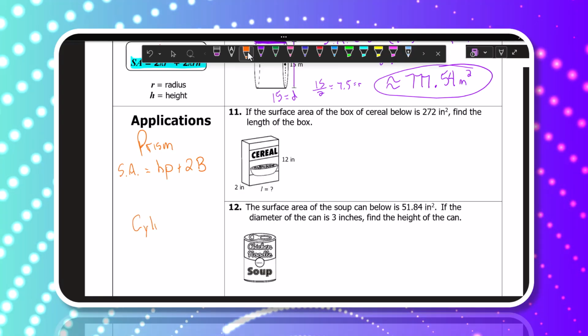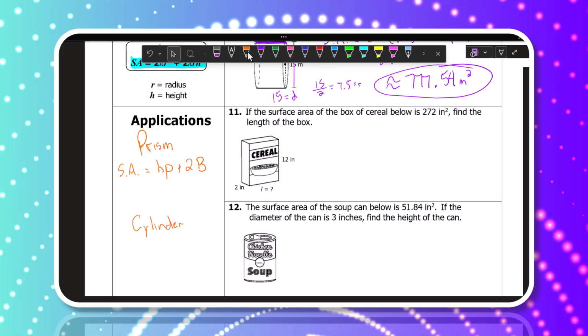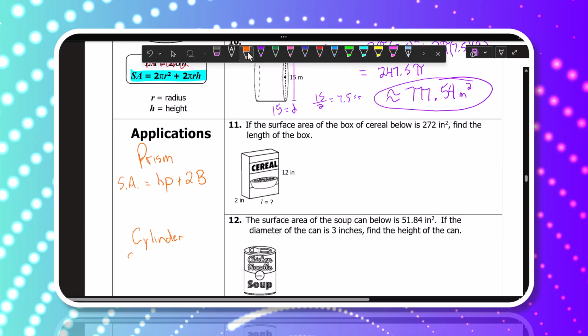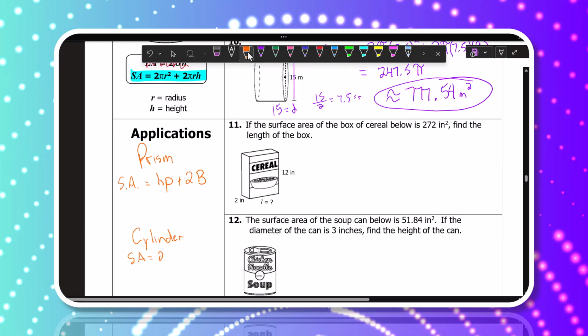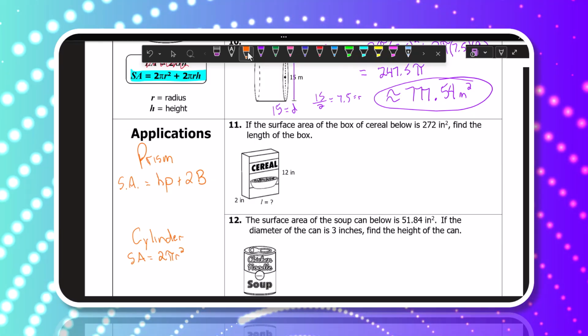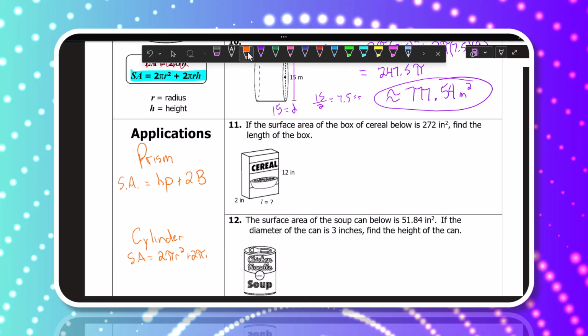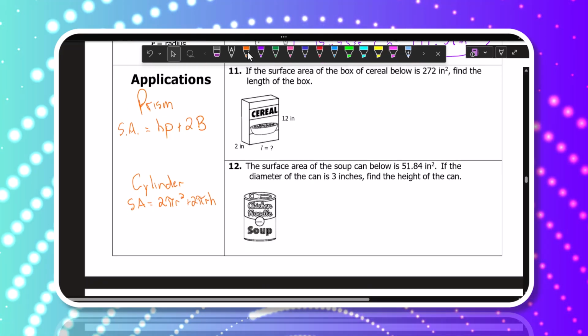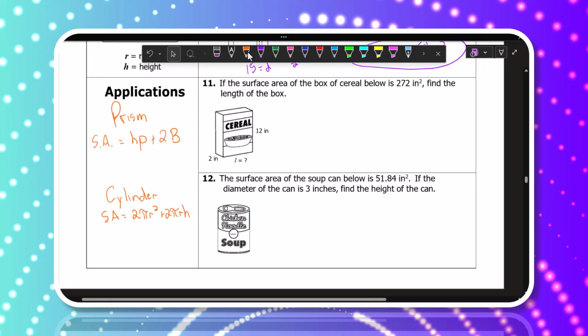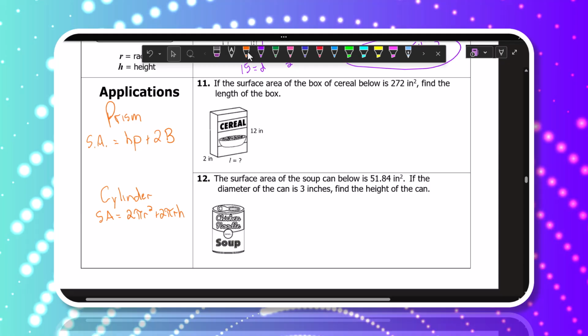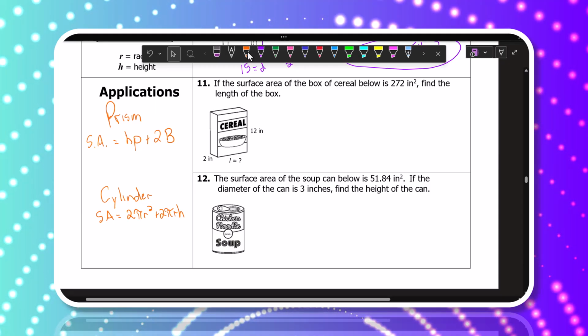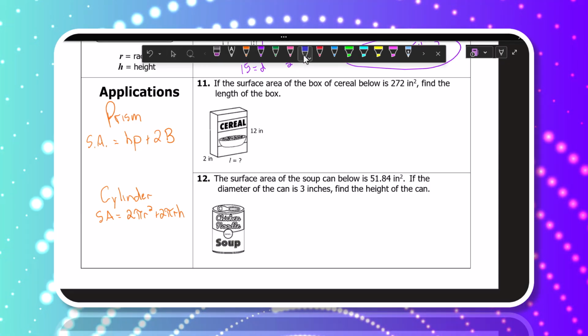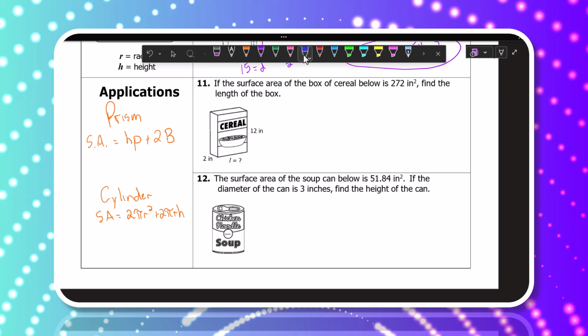Whereas our cylinder, well, it's the same as what we were just doing up there. Surface area equals 2 pi r squared plus 2 pi r h. But in these problems, we're not just finding surface area. We're actually working backwards with the surface area to find the measurement.